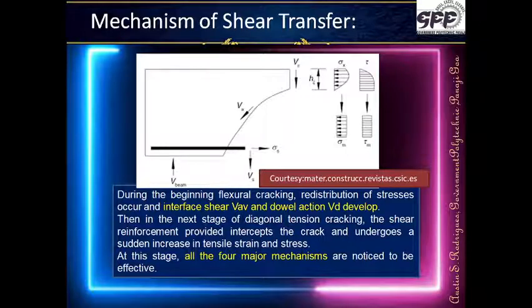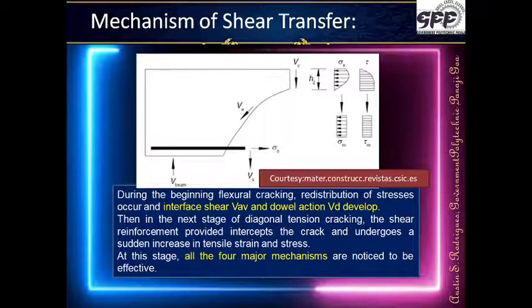Now once the concrete has cracked, aggregate interlock comes into action. The shear reinforcement which is there tries to prevent the crack. It tries to prevent the diagonal cracks also, which would otherwise move further.